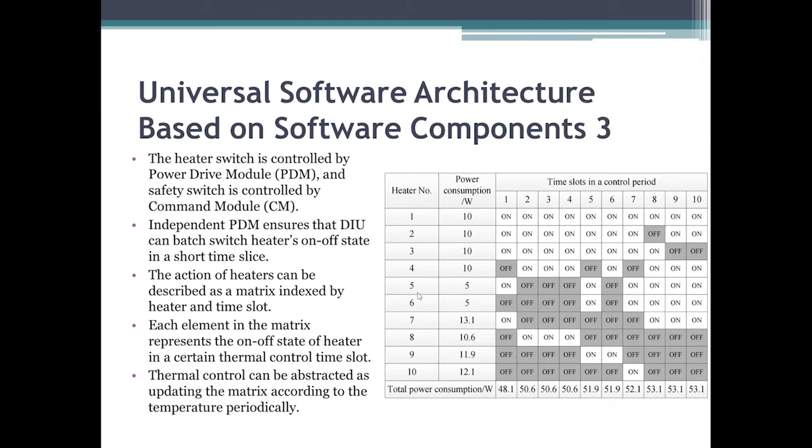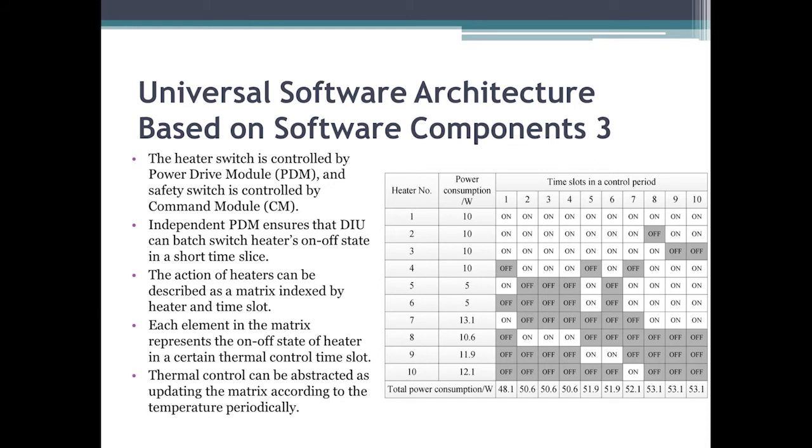And the independent power drive module ensures that DIU can batch switch the heaters' on-off state in a short time slice. So the action of heaters can be described as a matrix indexed by the heater and time slot, as shown in this picture. These are the heaters. These are the time slots in a control period.